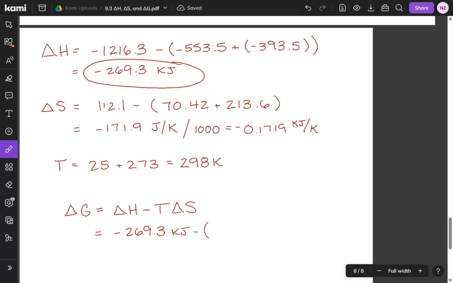Our temperature was 298 Kelvin. And our delta S was negative 0.1719 kilojoules per Kelvin. So now it's just a matter of plugging into our calculator. When we do this carefully, we get negative 218.1 kilojoules.